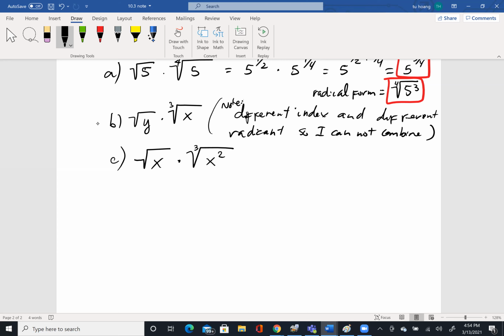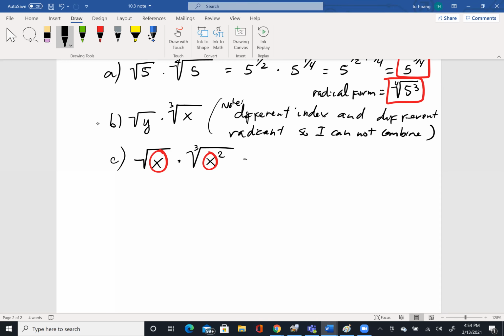What are you going to do? They have different indexes. But what about the radicand? The radicands have the same base x, right? Even though in the second radicand you have x squared, the base is still x.